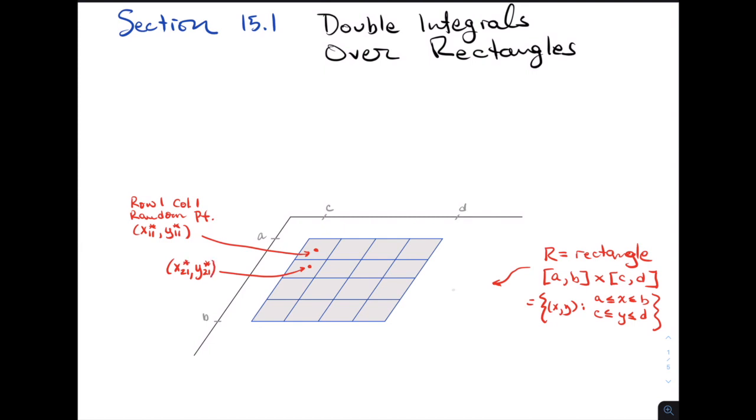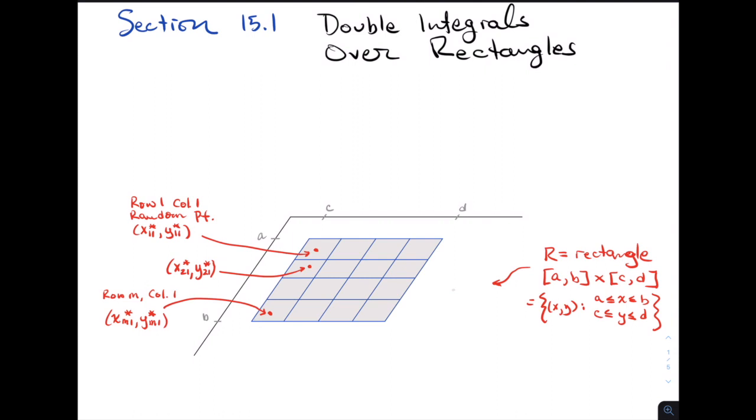The last one down here is going to be row m, column 1, so that's xm1 star, ym1 star.